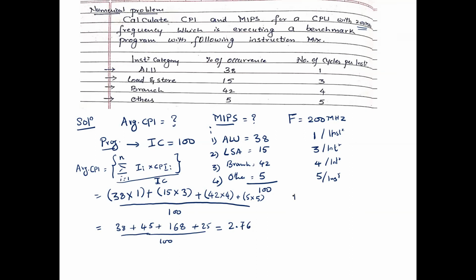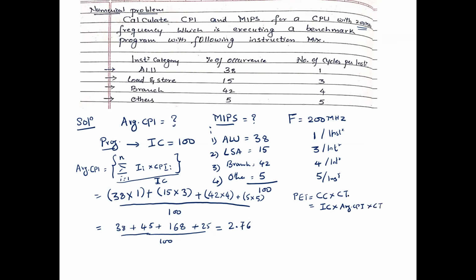Program execution time, PET, is equal to what? Cycle count multiplied by cycle time. Now CC, I can't keep counting how many cycles it will take, right? So instead of that, I will say instruction count multiplied by average CPI multiplied by CT. So this formula I'm going to use.